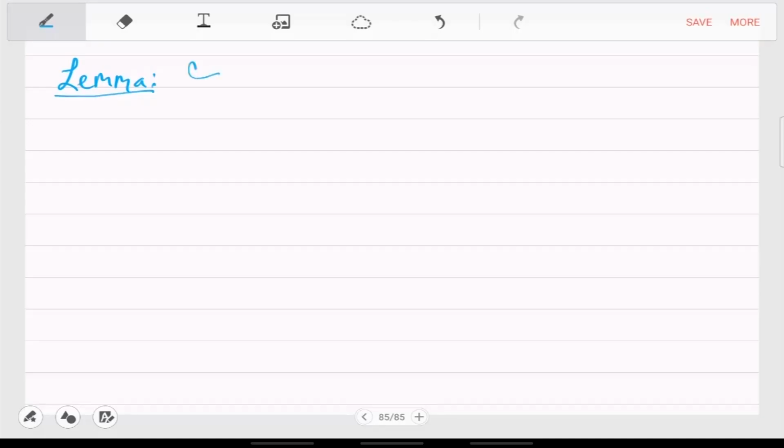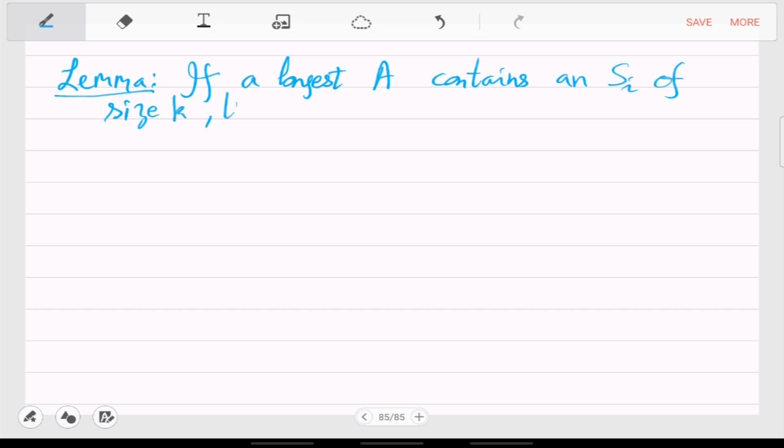So what we do now is prove this interesting lemma: if a longest anti-chain A contains an Si of size k, then it contains all subsets of size k.